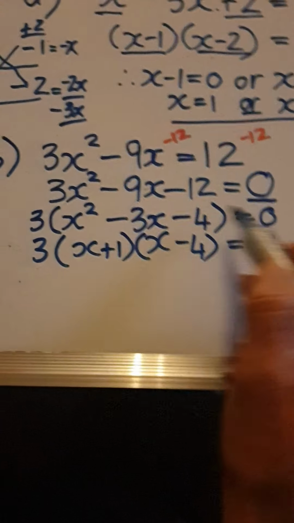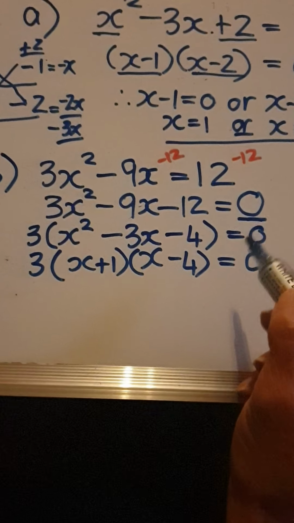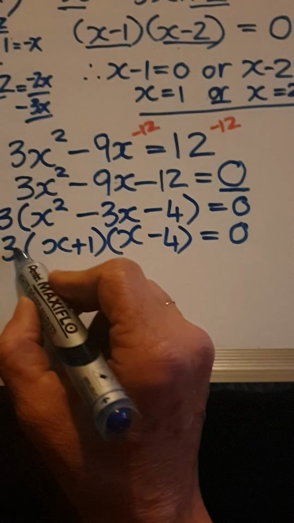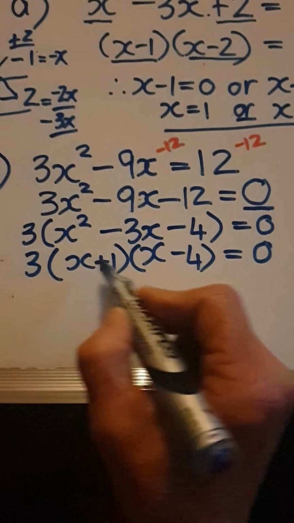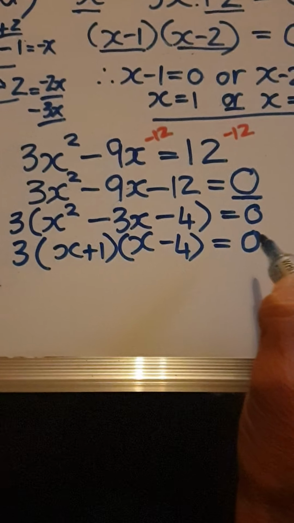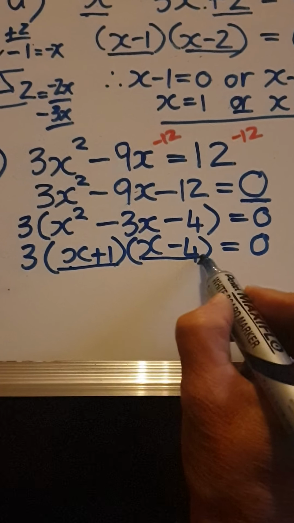So it does not impact the solution of the equation. I've got 3 factors here. 3 cannot be 0, but 3 times 0 will give you 0. So my reasoning is still sound. It means this bracket must be 0 or that one.